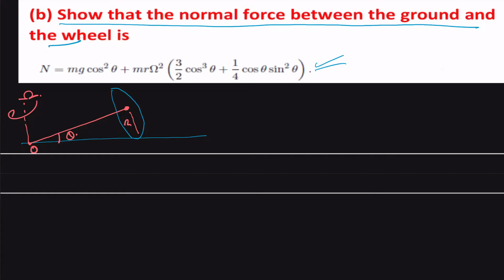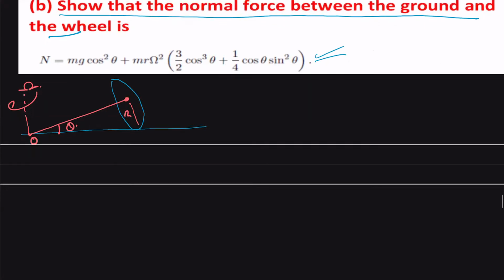So it means we have two types of motion in this particular case. One is that the center of mass, or we can say the pivot point, will be moving in a circular path, and accordingly the wheel will also be spinning.